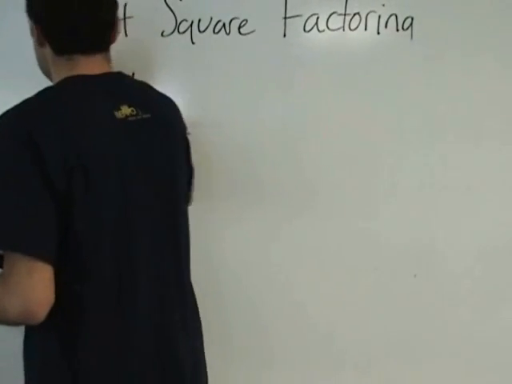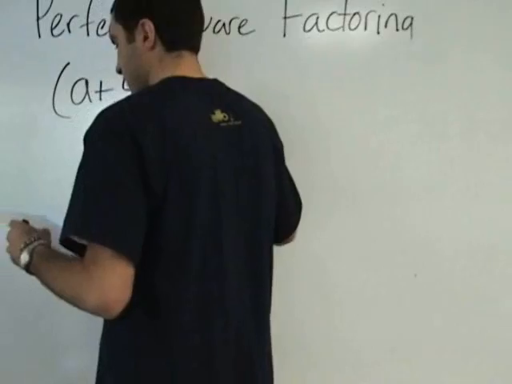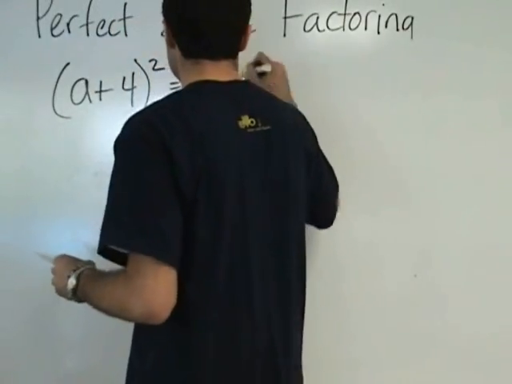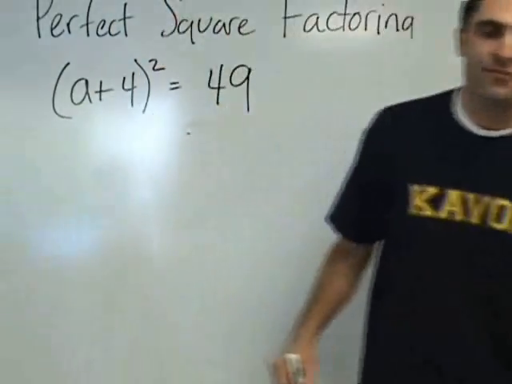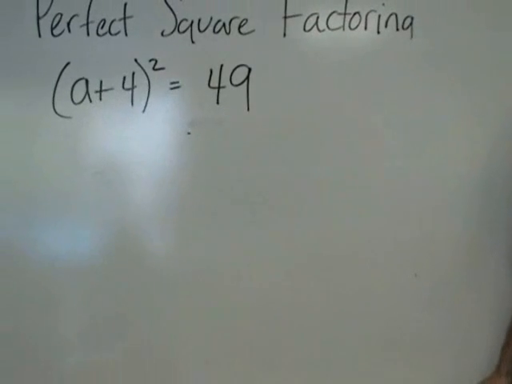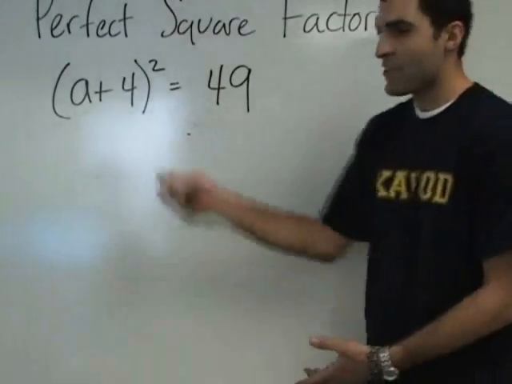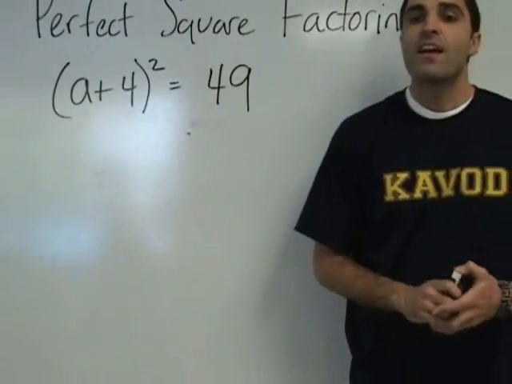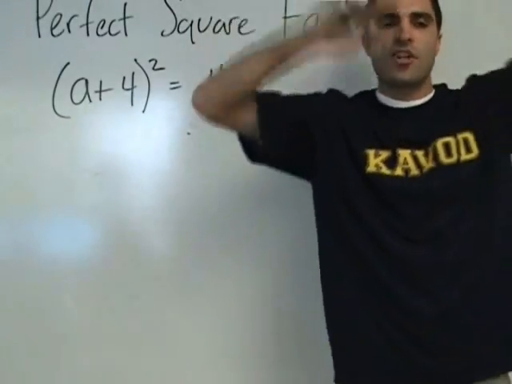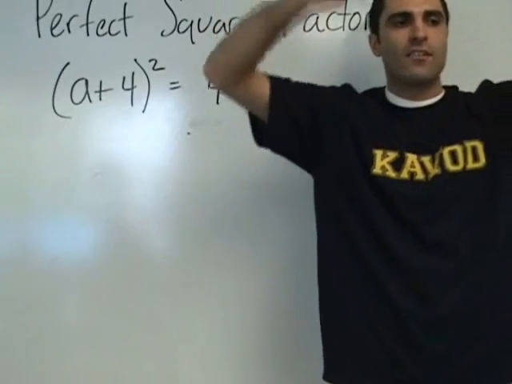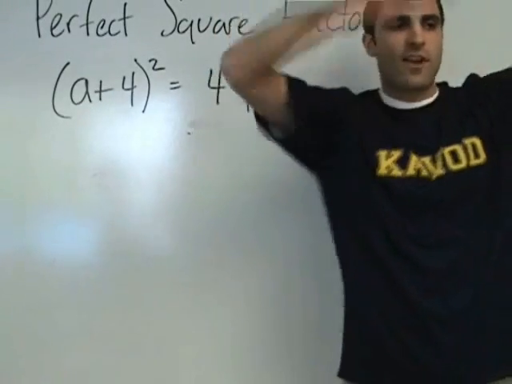(a + 4)^2 = 49. All right. New stuff. Okay, so we're solving for a. Suggestions about how to solve?